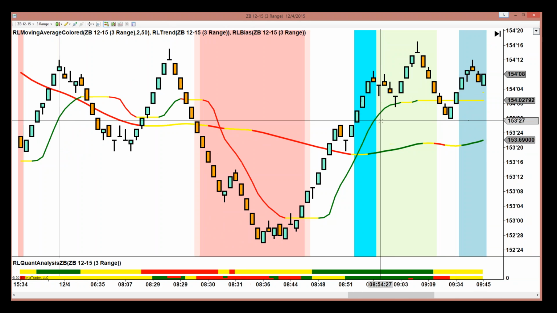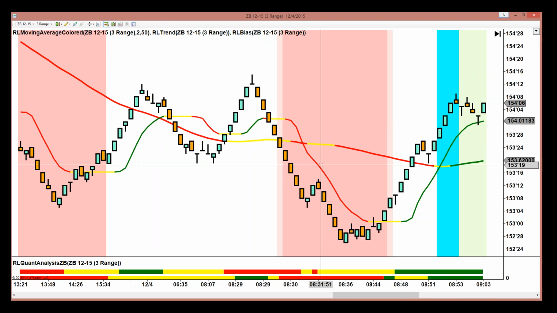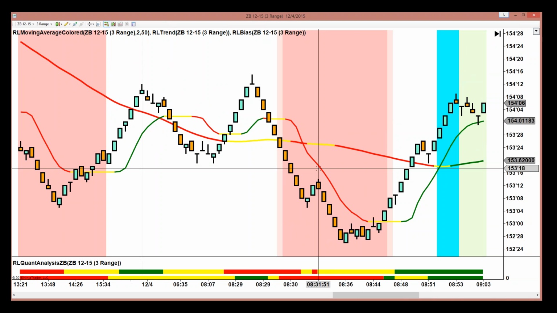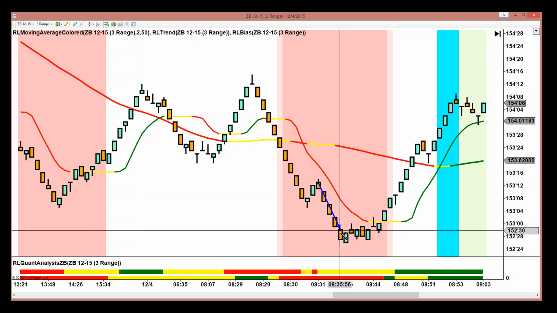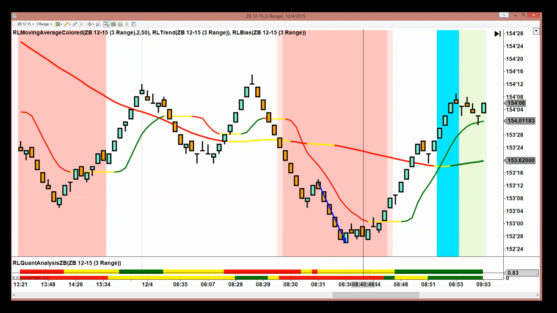There's the downside. Here, on this particular candle, both quant lines are red, and down she goes. Now, you can see that the top line quickly turned yellow, but you're already in the trade.